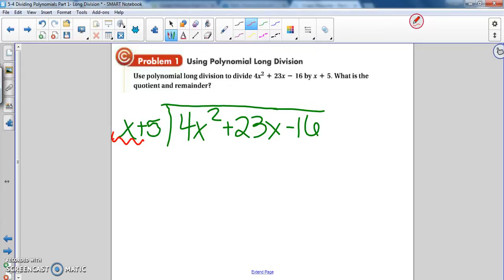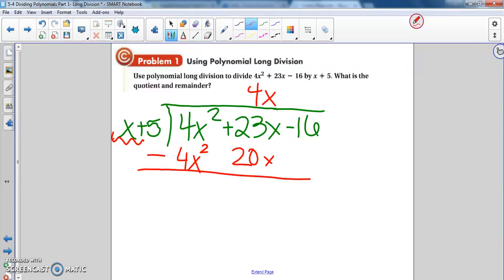I'm going to see what I need to multiply x by to get 4x squared, and that would be 4x. So I'm going to line that up and then multiply. 4x times x is 4x squared, and 4x times 5 is 20x.